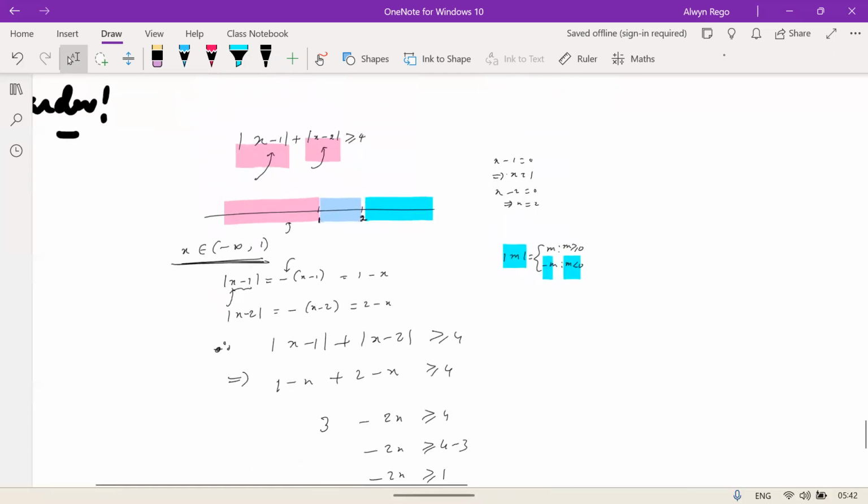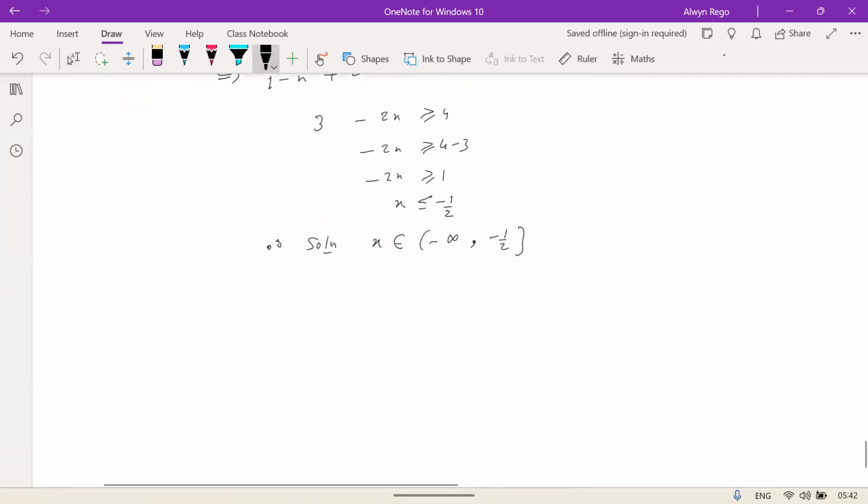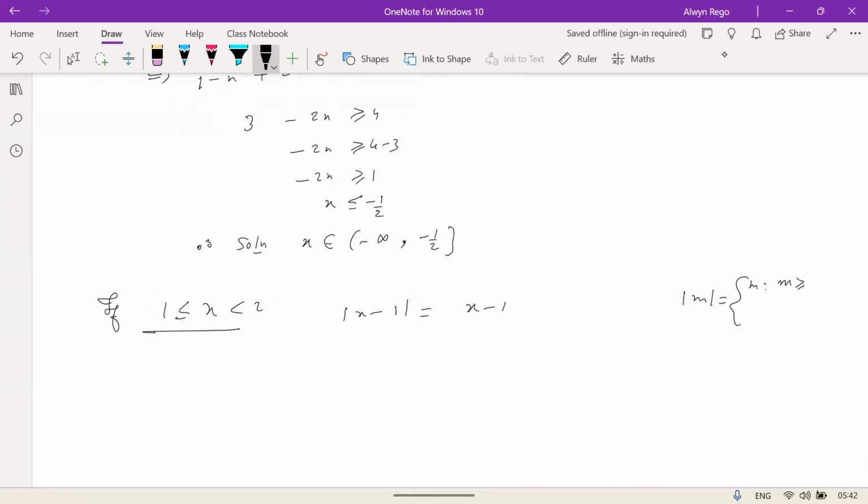So now if x is more than or equal to 1 and less than 2 here, you'll find that the absolute value of x minus 1 becomes equal to, if you choose a value, let's say 1.5 minus 1 is positive, so it comes to be x minus 1 itself, because modulus of m is equal to m itself if m is more than or equal to 0, and minus m if m is less than 0.